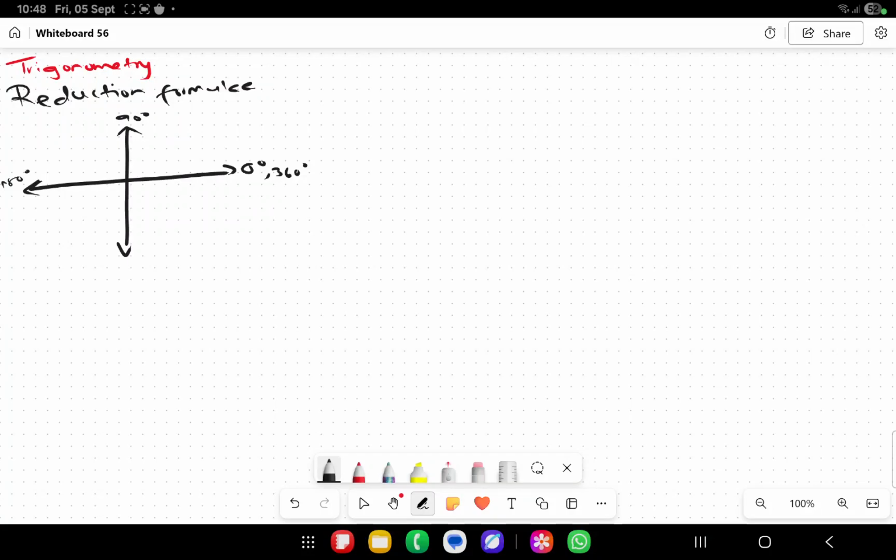All right, students, we are continuing with our lesson where we're looking at reduction formulae. We looked at 180 plus, 180 minus, and 360 minus. Now we are going to be looking at when we have to apply 90.